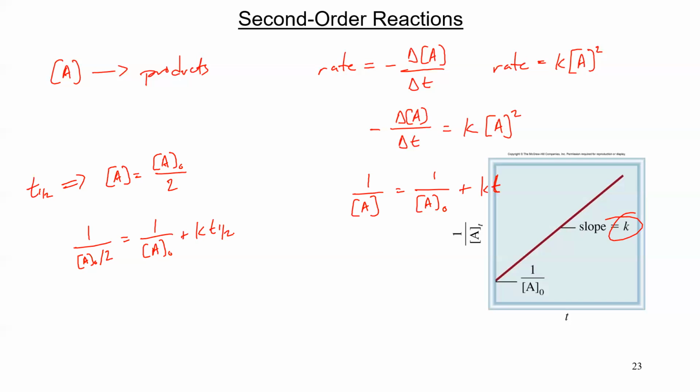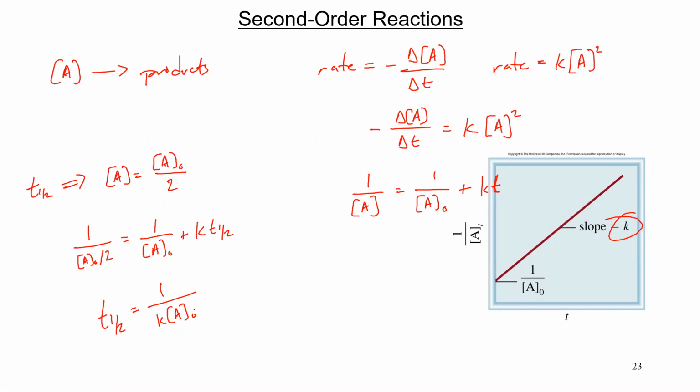Okay. We rearrange, and we get that the half-life, t1/2, is equal to 1 over k times that initial concentration. And so we don't need anything other than the initial concentration and the rate constant, but we don't need to know the current concentration.